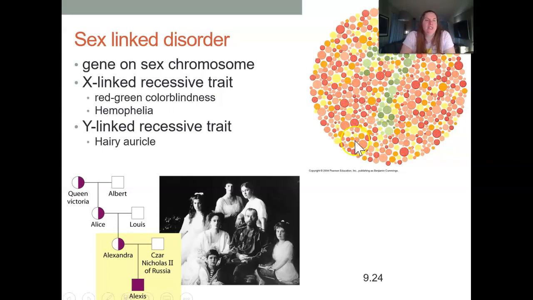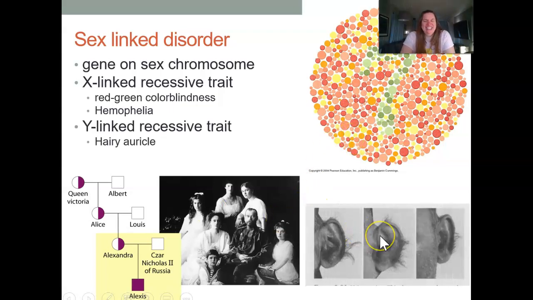Another example is hairy ears. It's kind of gross, but this is actually a genetically inherited sex-linked trait. You can see this actually ran in the royal family in England, Queen Victoria and Prince Albert. If you ever have a chance to go to London, go to the Victoria and Albert Museum. It's amazing.